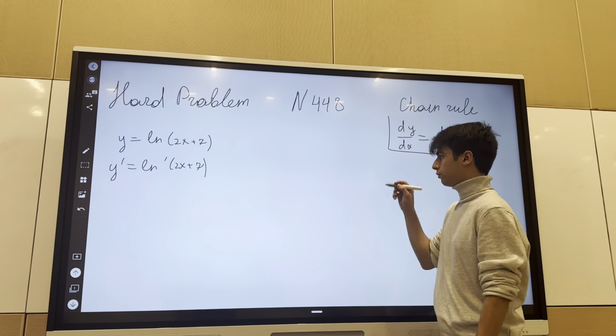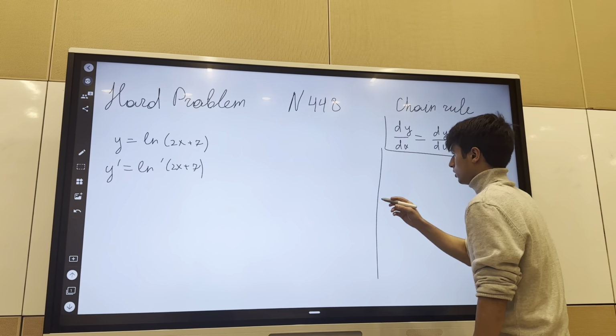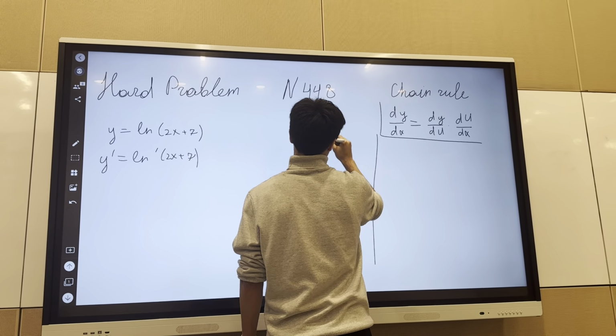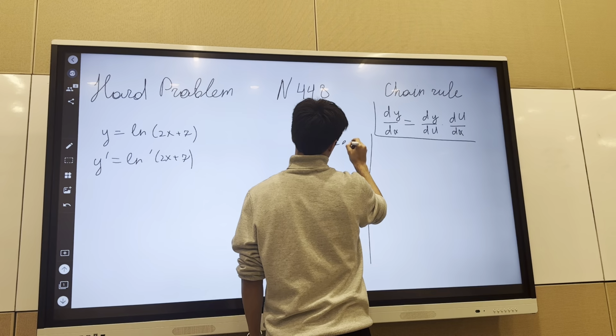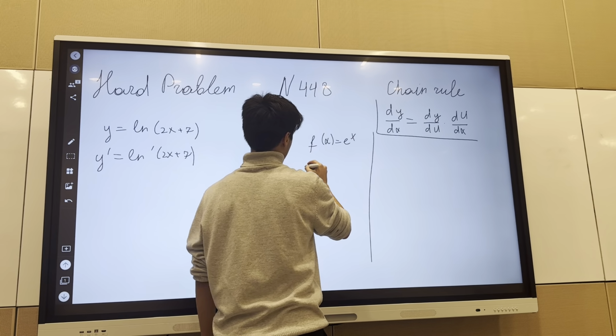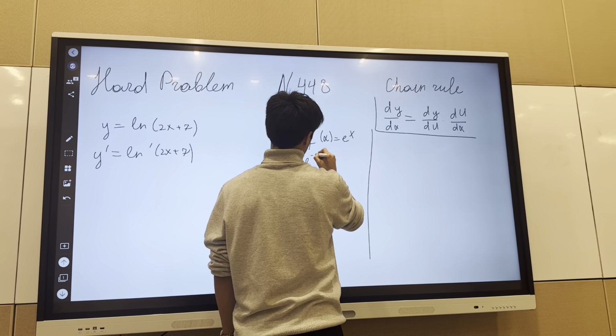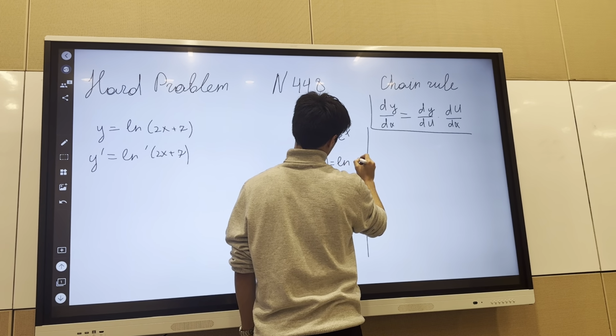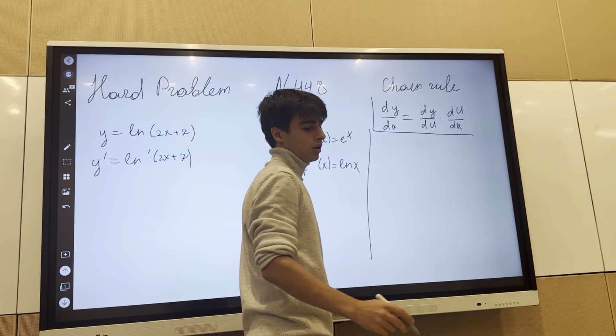And the derivative rule for inverse functions. First of all, we all know, for example, the function e to the power x, and this function's inverse is ln x, right?